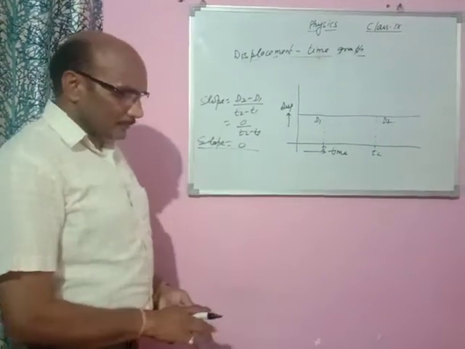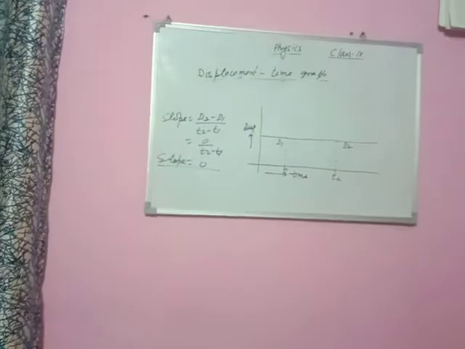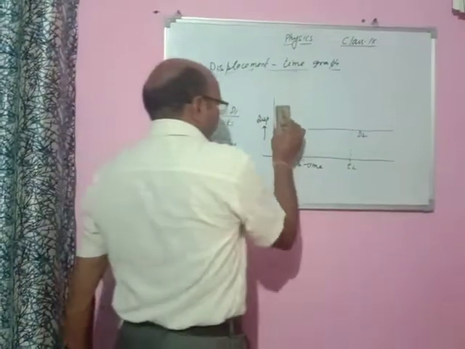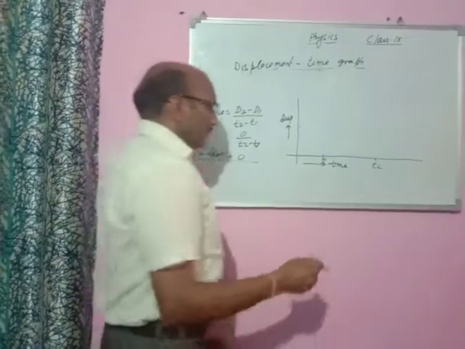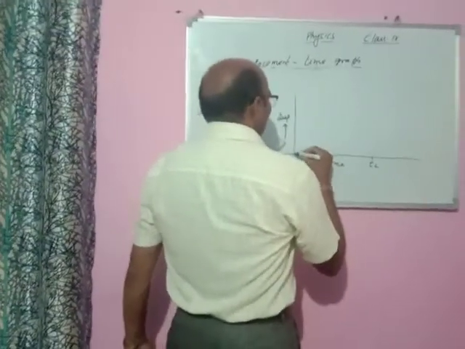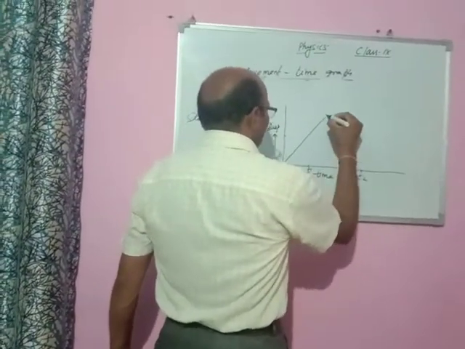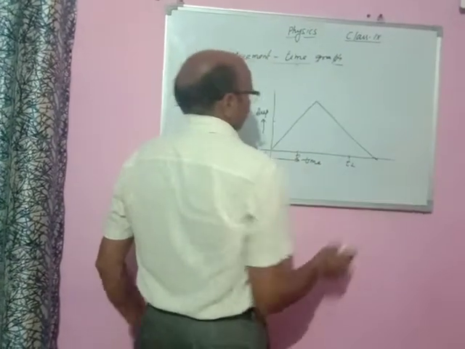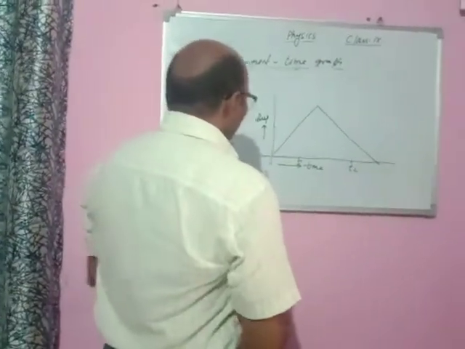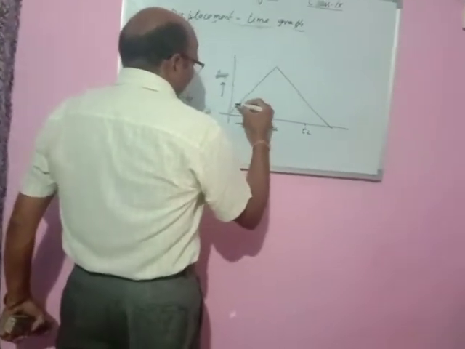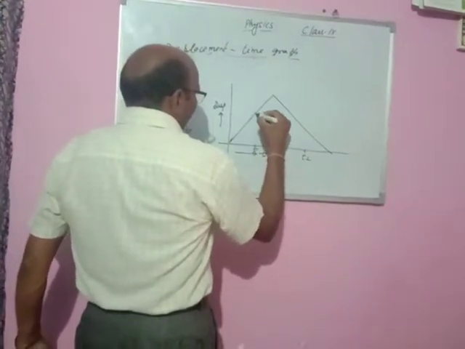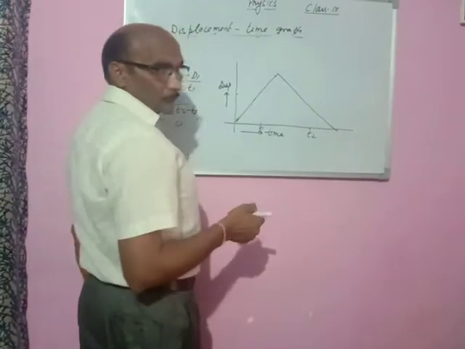One more case. Let the graph be like this. It means the object was moving and there was displacement.